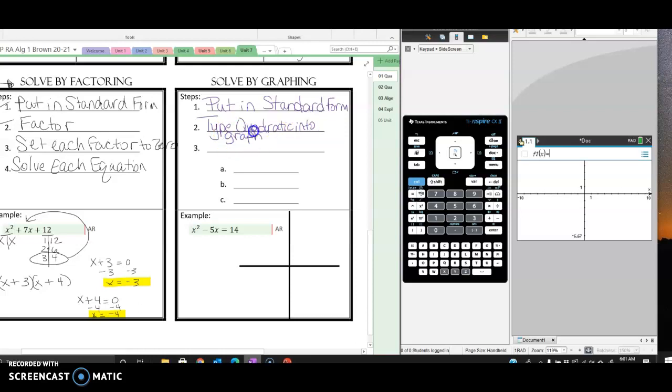Notice I already have my graph page up here. And then you need to find where the graph hits the x-axis. All right, and these are the steps to do that below this.